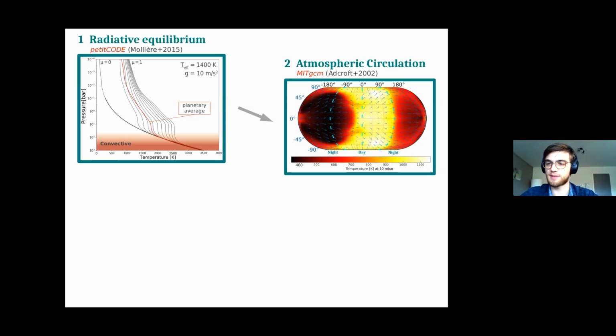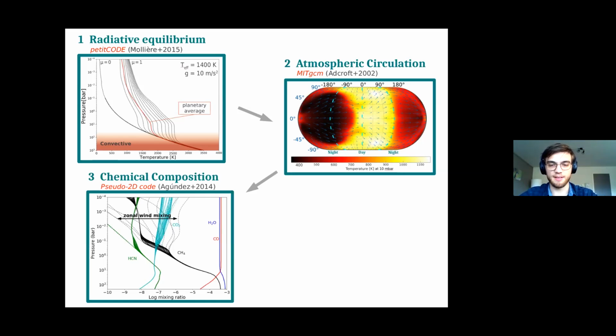And then these temperatures and wind speeds are both used to calculate the chemical composition of the planet. So that's the next step. The temperatures are, of course, used for the reaction rates of the chemical reactions, and the winds are used in order to be able to simulate the mixing. So the code that we used for that is a chemical kinetics code, and it's a 2D code actually.